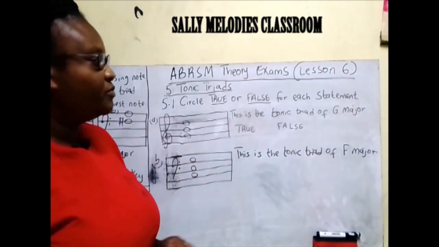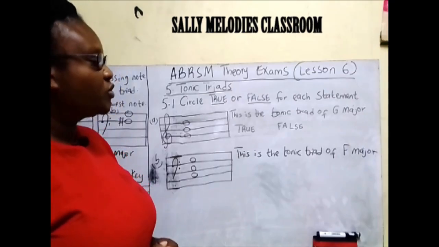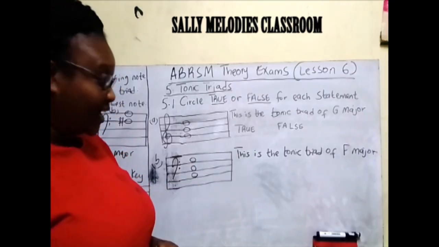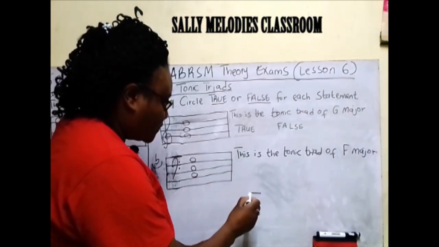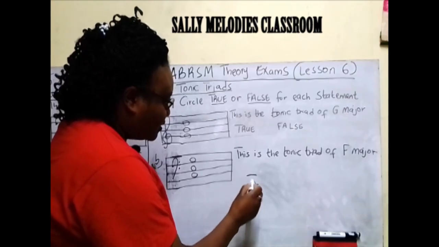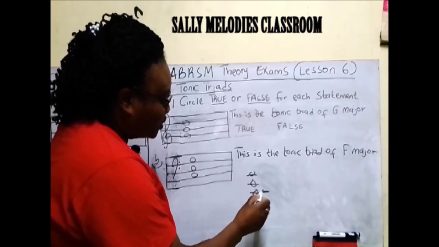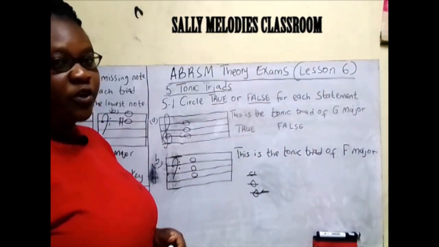When we talk about a tonic triad, the first thing you look at is the lower note, the root. This is the one that is supposed to determine whether it is the tonic triad of that particular key.